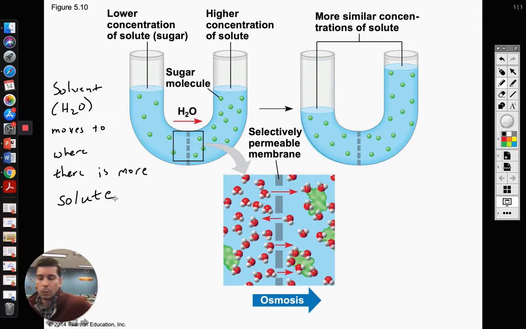Okay? Now, why does it do this? Well, again, we're trying to even out the concentrations. So wherever there's more solute, it has a higher concentration of solute to solvent. If we move the solvent over, it's going to weaken or dilute that concentration.